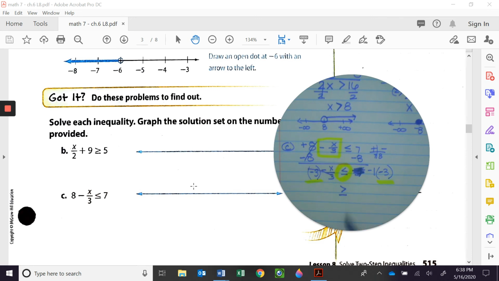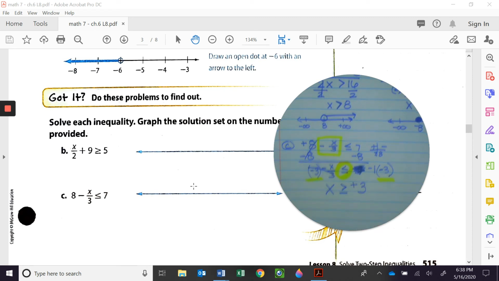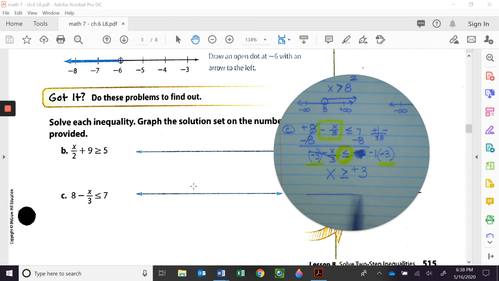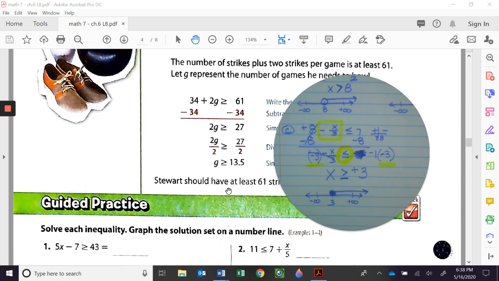These 3's are gone, leaving me with my x. A negative times a negative is a positive, and 1 times 3 is 3. Then we graph our information. 3 is in the middle. We have negative infinity. We have positive infinity. We're going to have a closed circle because it's equal to, and it's greater than, so it's got to go towards our positive.